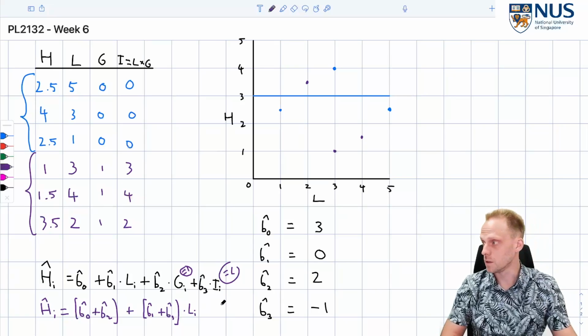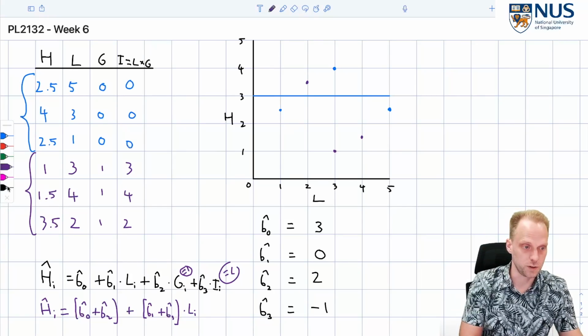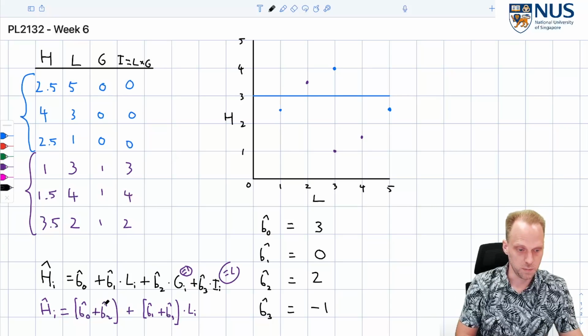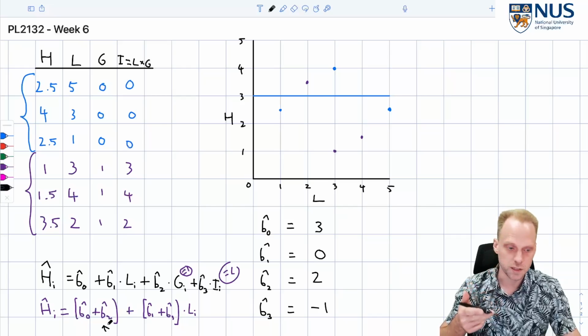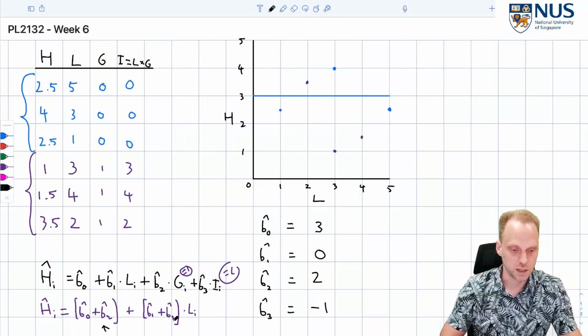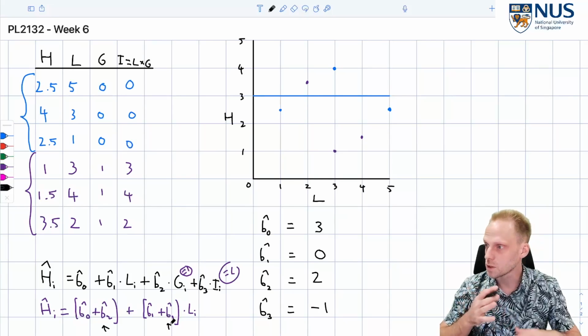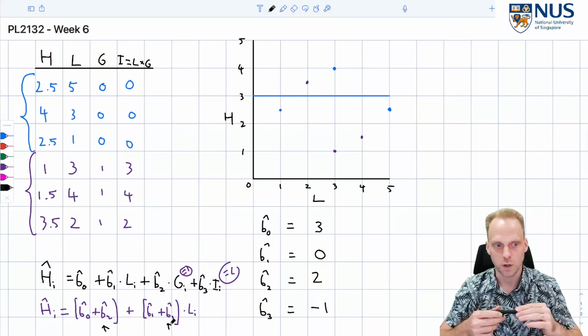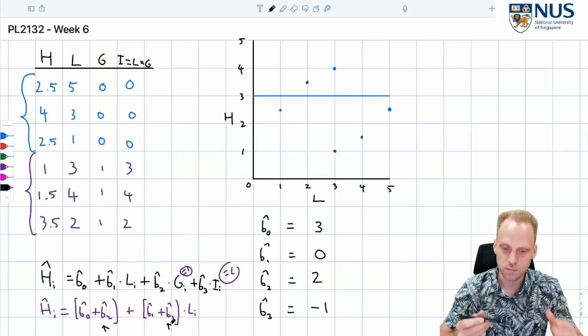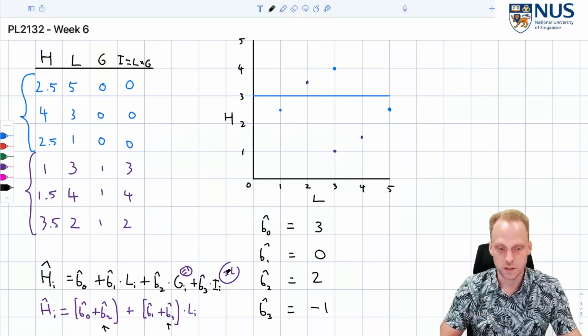Now that's very interesting, because it allows us to interpret these parameters. It tells us that this beta2, the B2 parameter, is the difference in intercepts between the two groups. And in this case, the B3 parameter, and that's because of the way we encoded it, because we use 0 and 1, that might be a bit different if you use different encoding, but that will be concerned later. It's the difference in slopes between the two groups.